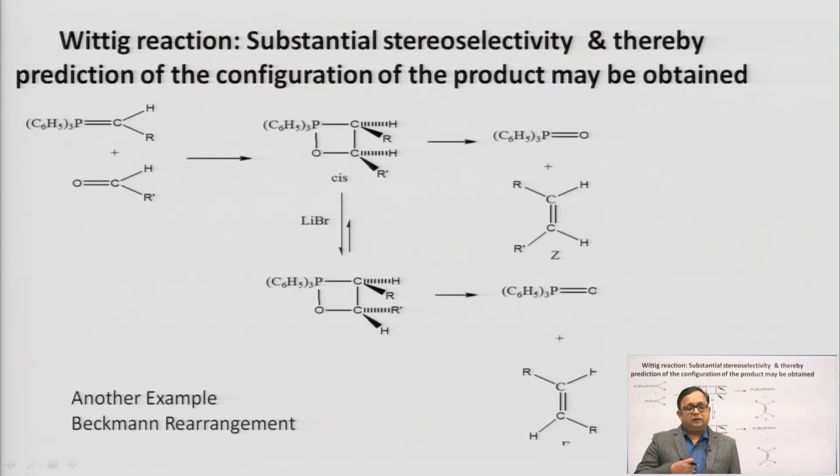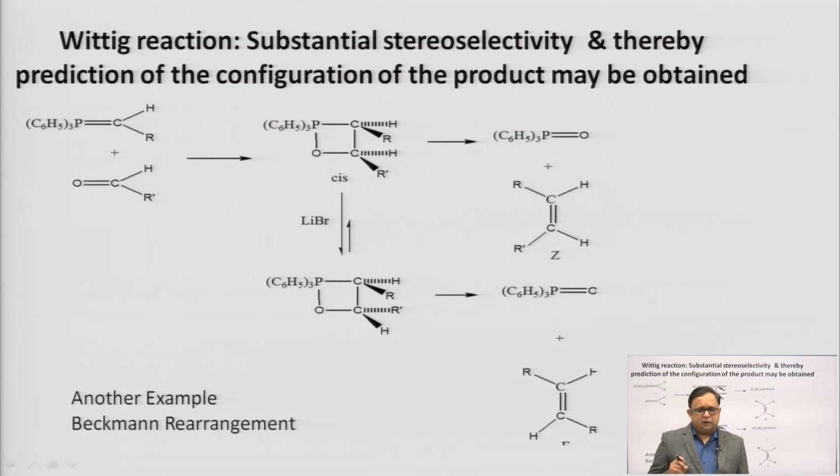And this is the last point, that we can utilize stereospecificity and stereoselectivity for assigning the configuration. This point will be discussed in more detail. There is one more topic in this unit that we will have to discuss, the stereospecific and stereoselective reaction.